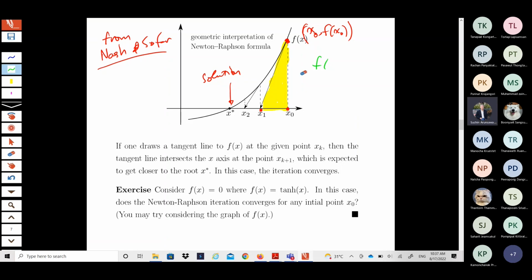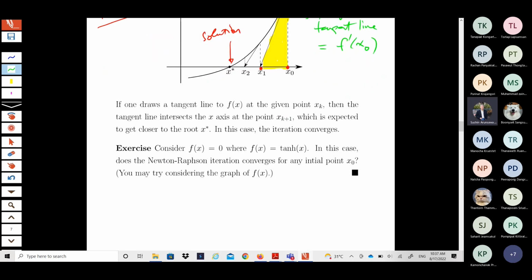This is f(x naught). And what is the slope of the tangent line? The slope of the tangent line is equal to f prime of x naught. Am I right?